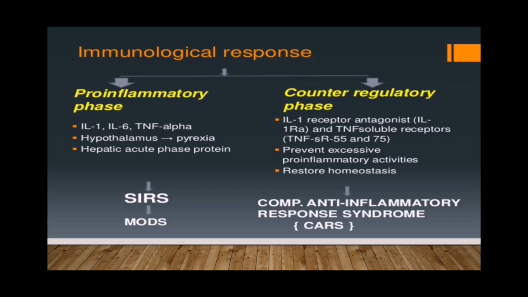In the counter-regulatory phase, interleukin 1 receptor antagonist and TNF soluble receptors prevent excessive pro-inflammatory activity and restore homeostasis. Compensatory anti-inflammatory response syndrome occurs.